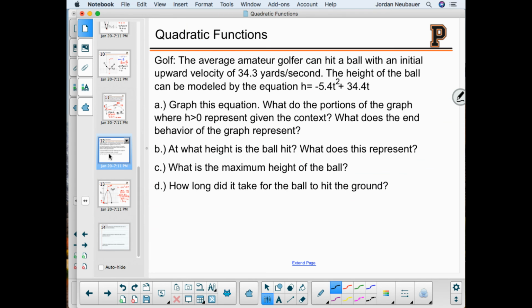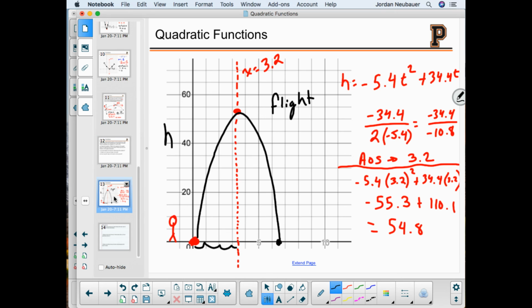What does the end behavior of the graph represent? This end behavior is saying essentially that after about 6.4 seconds, the ball's going to land. It doesn't tell you that it's going 6.4 yards, meters, feet. It just says it's going to land after 6.4 seconds. That's how long the ball will be in flight.